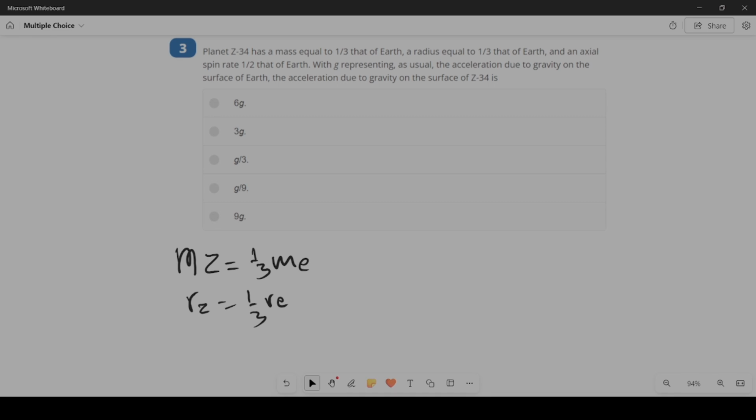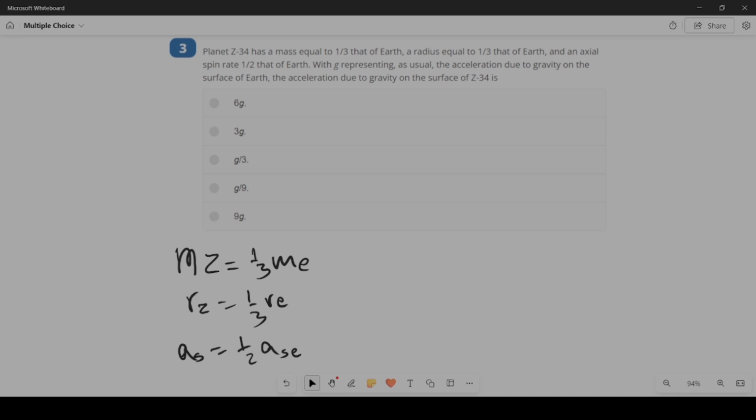And actual spin, I'll just keep it in mind, but actual spin, I'm going to call it AS, equals 1/2 actual spin of Earth.